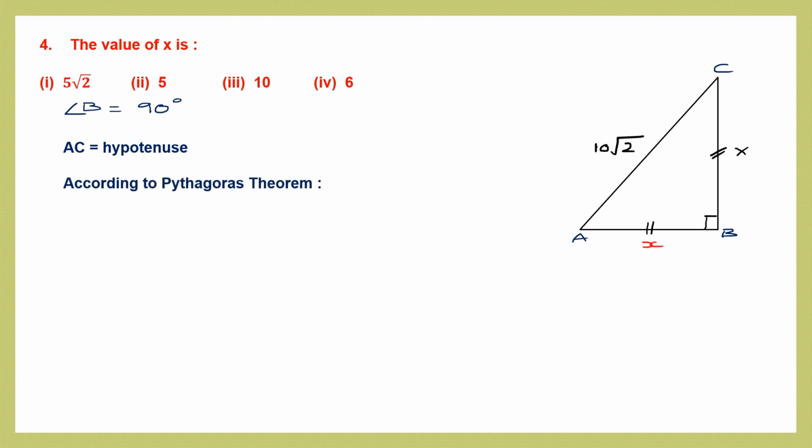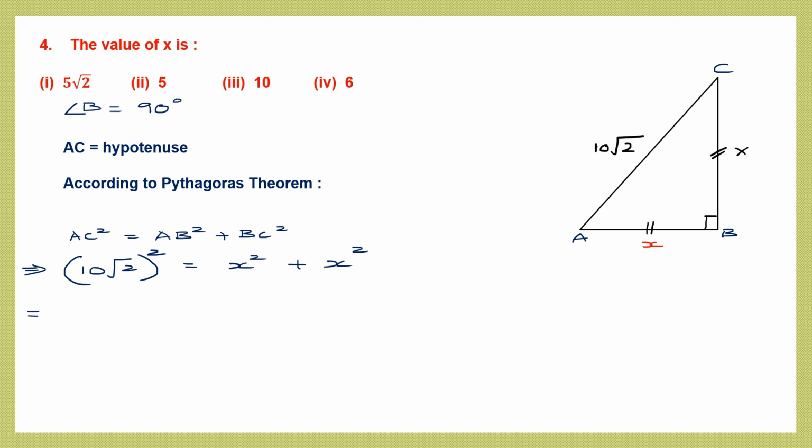According to the Pythagoras theorem, we say AC square is equal to AB square plus BC square. So now let's substitute. So AC square, what is AC? AC is 10 root 2. Now the square of this whole thing is equal to AB square. AB is x, BC is also x, so x square.